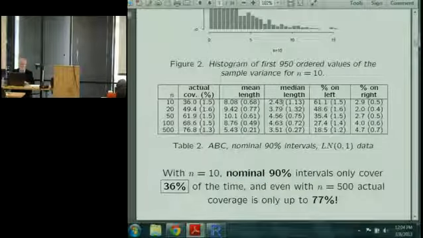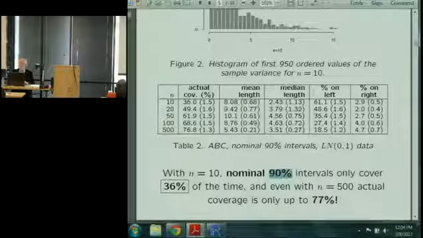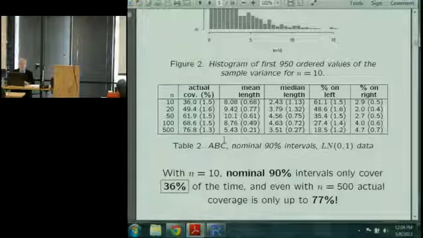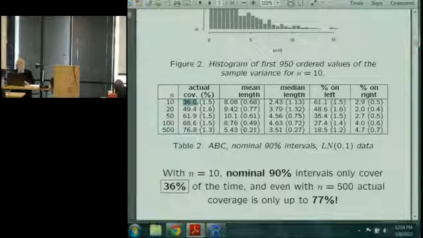We built 90% intervals. They were supposed to be 90% intervals using the BCA method. Actually, we used ABC, but it's pretty much the same as BCA. And look, you're using a method that claims to cover 90% of the time, and your actual intervals are only covering 36% of the time. This is an example of a frequentist method that's not performing well according to basic frequentist criteria.